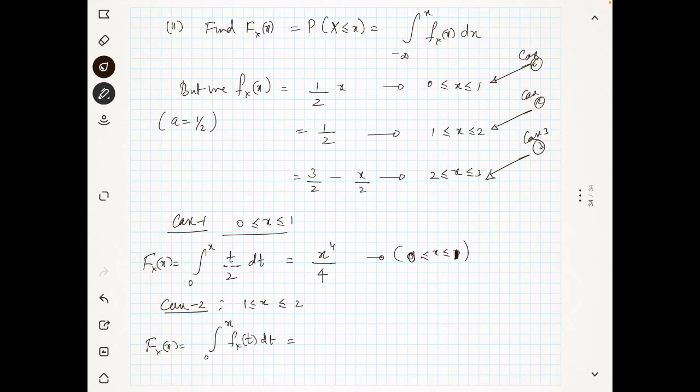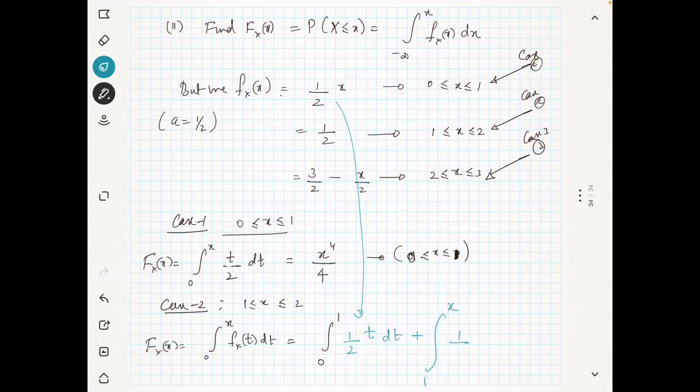This is the integral from 0 to 1 of 1 by 2 into t dt, plus the integral from 1 to x of 1 by 2 dt, because x is between 1 and 2, so you have to integrate from 1 to x also.